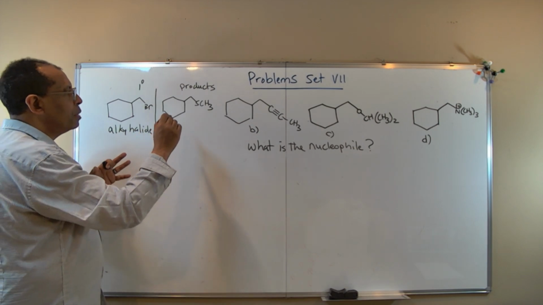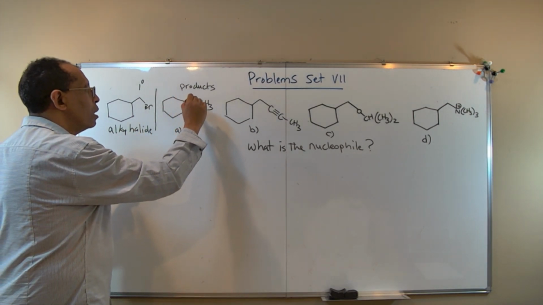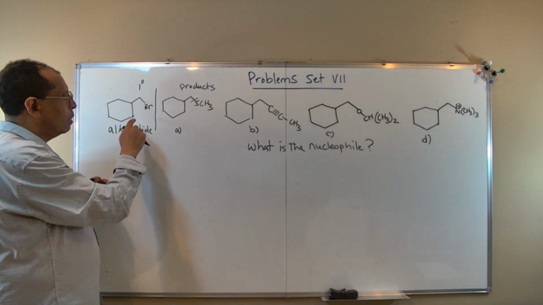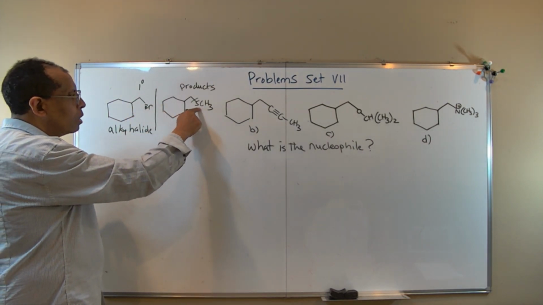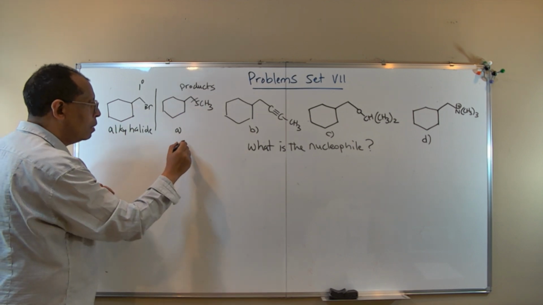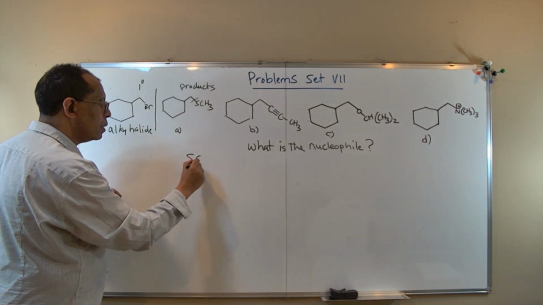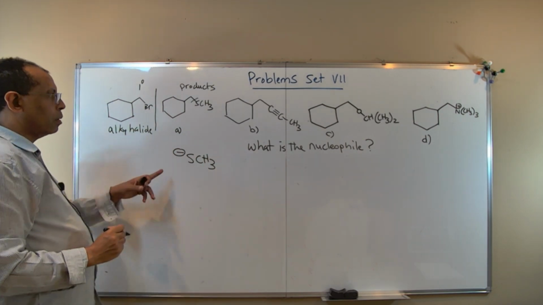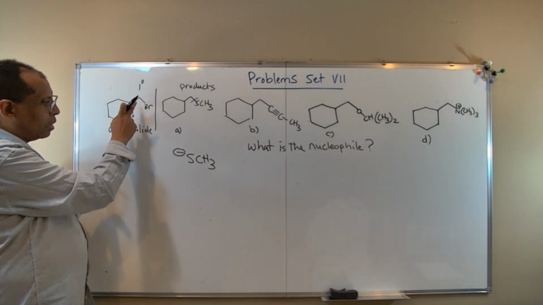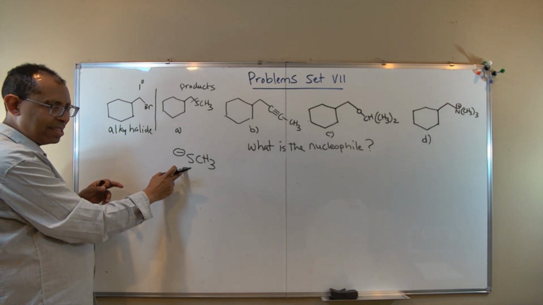What happened is this new bond is formed, if you just look at that. So that means Br was a leaving group, and the nucleophile, if it attacks that, you can generate this.